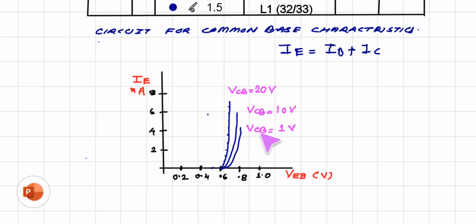Remember that we are changing VCB from 1 to 10 to 20, a large change in VCB, but we observe almost the same kind of curve, and there is no large difference between these curves. So we can say that the change in current basically depends on VEB. VCB does not affect this current much. So these are the input characteristics of the common base configuration.